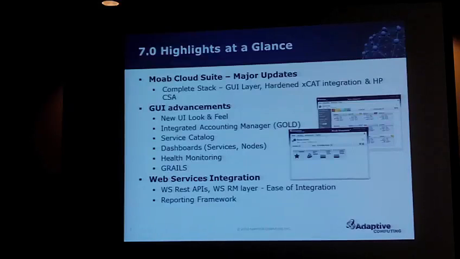We have integrated the Accounting Manager with our solution. We have created this brand new service catalog, which we're really excited about because it simplifies a lot setting up things for our customers. We have the brand new dashboards for services and nodes.